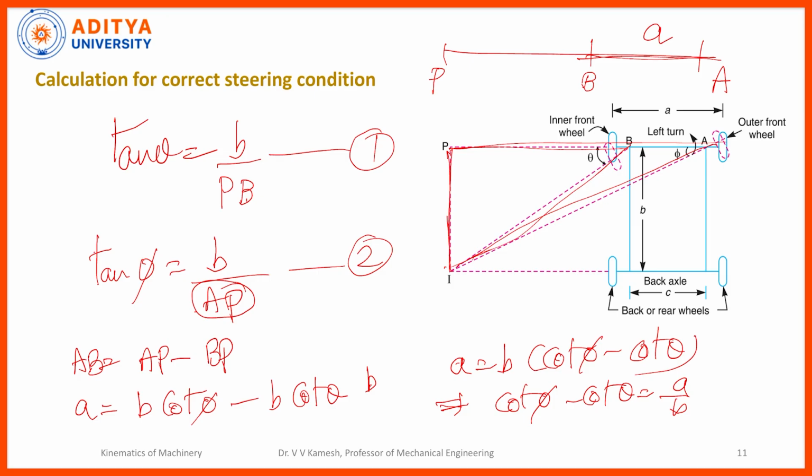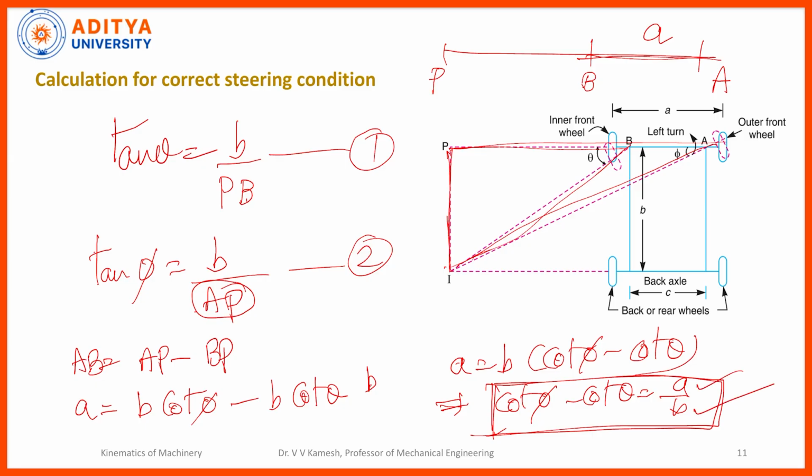Is it clear? Now this is the condition: cot phi minus cot theta is equal to A by b. What is A? The distance between wheels. What is b? The distance between the axles. So A and b are already in your control.